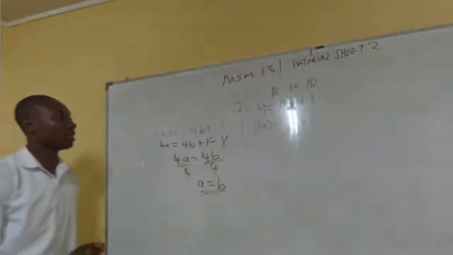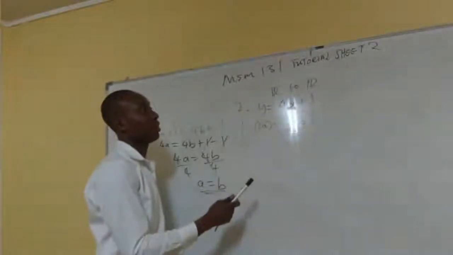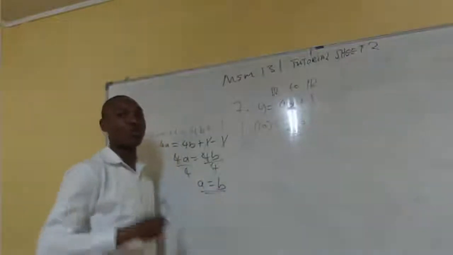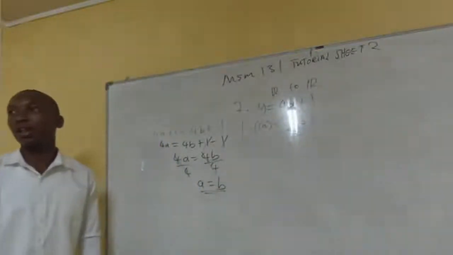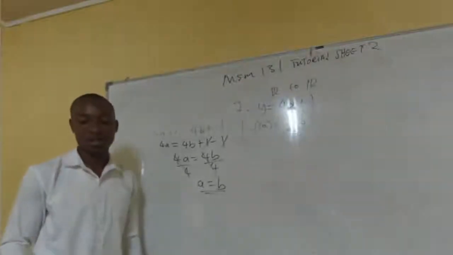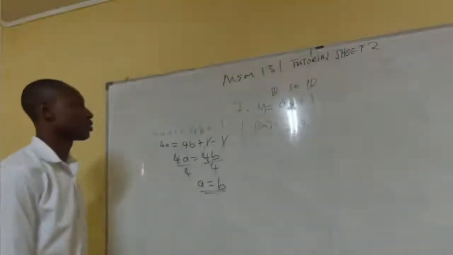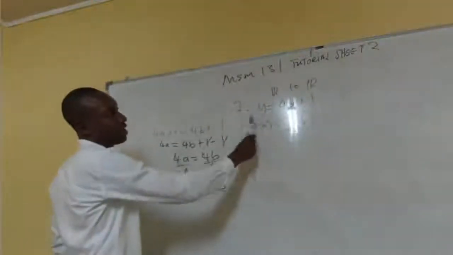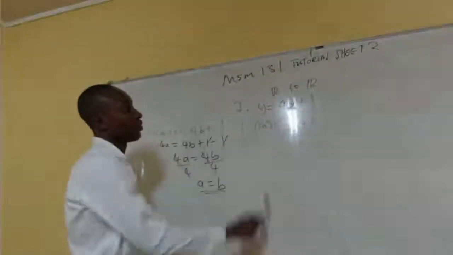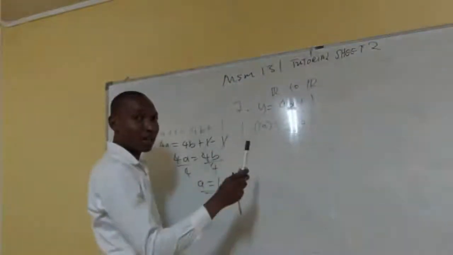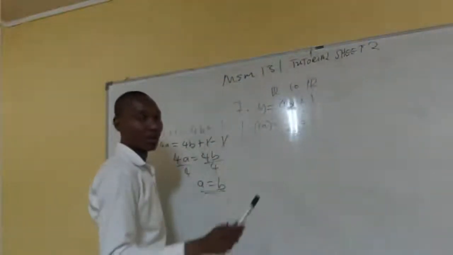Alright, so I simply have to check for every value I pick from R and replace with x, will the answer always be unique? If the answer is yes, then you know this is a one-to-one function. So for it to be a function, it has to be either a one-to-one or many-to-one relation.